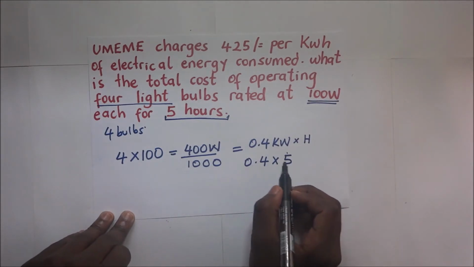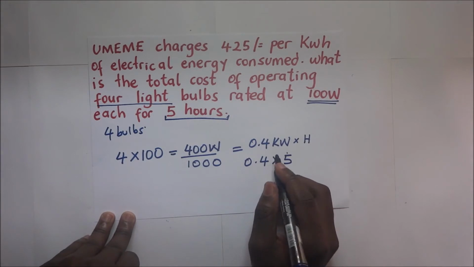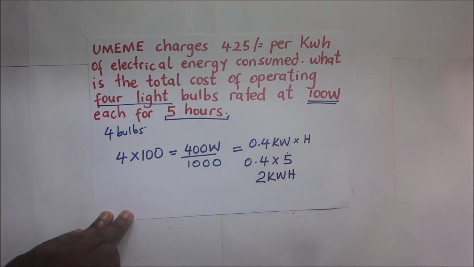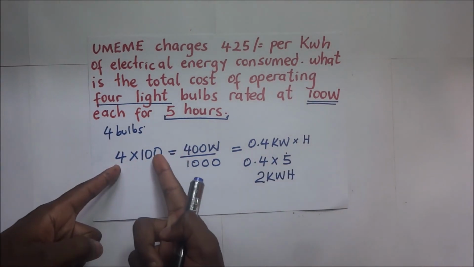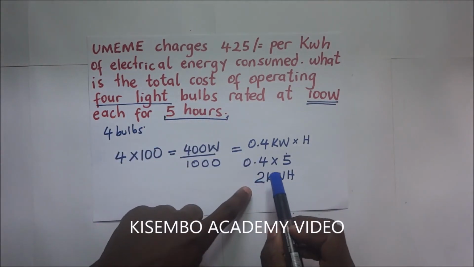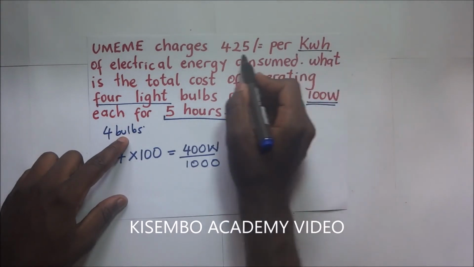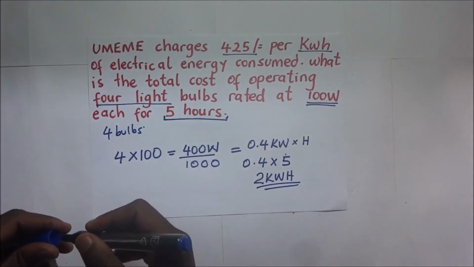And so 0.4 times 5 hours gives us 2 kilowatt hours. So these 4 bulbs running at 100 watts each for 5 hours consume 2 kilowatt hours. If they're telling us that every kilowatt hour costs that much, we're able to get how much it's going to be.